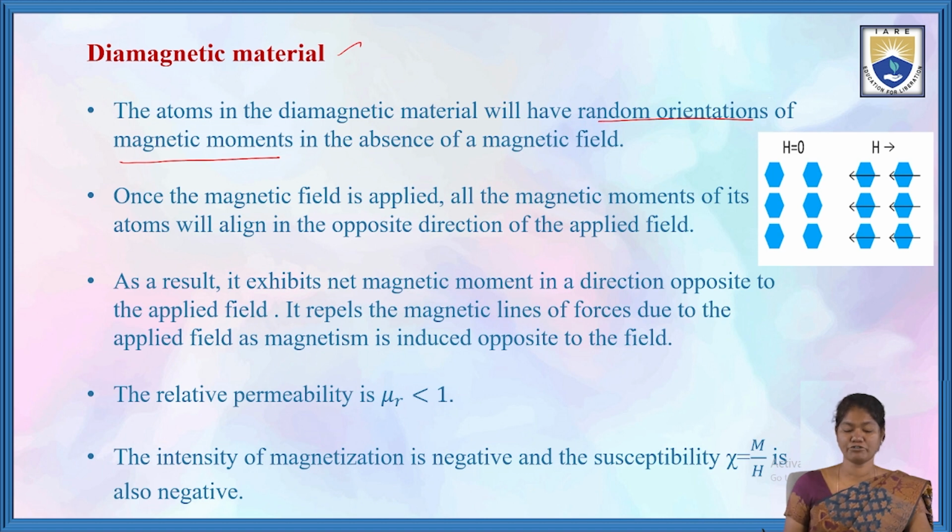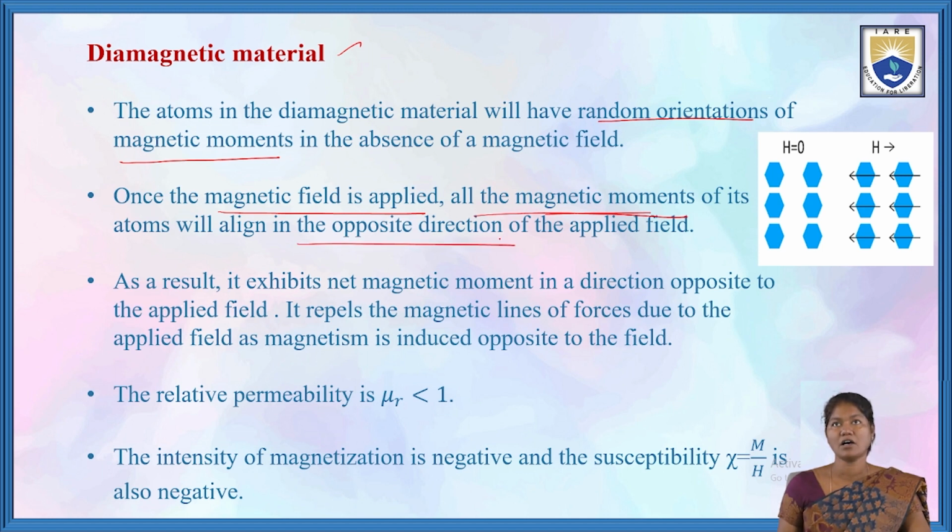Once the magnetic field is applied to the diamagnetic material, all the magnetic moments of its atoms will align in the opposite direction of the applied field.